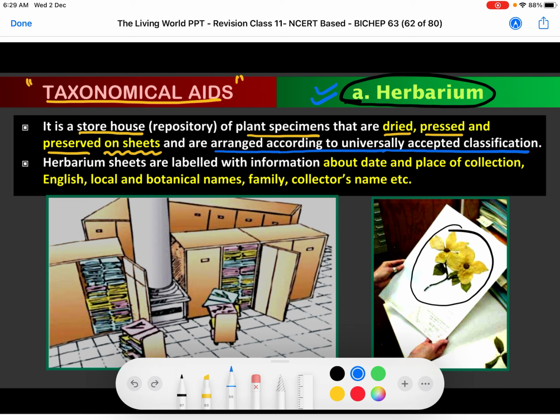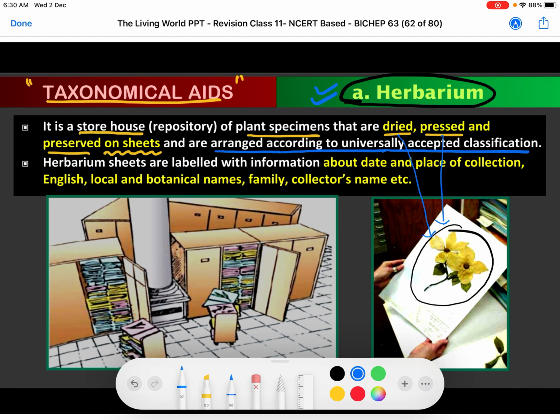So drying is that. It is pressed because we have put huge weight onto them to dry. So dried, pressed and preserved.